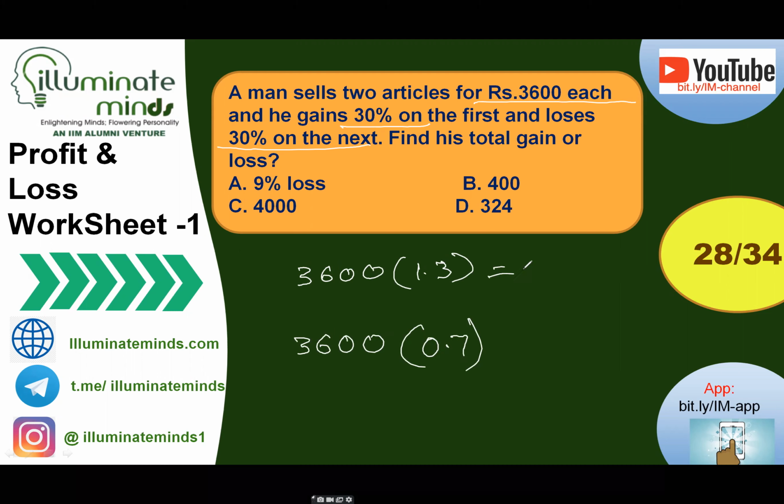So if you do 36 into 30%, this will be 1080. 4680. 3600 into 0.7 will be equal to 3600 minus 1080. So that will be equal to 2520.